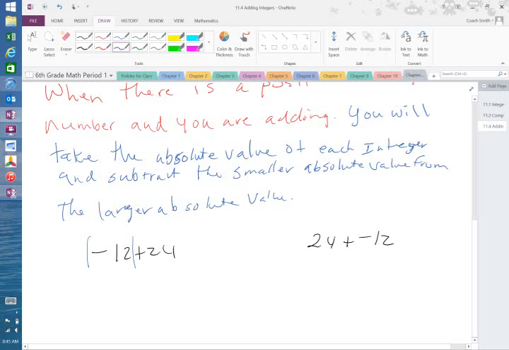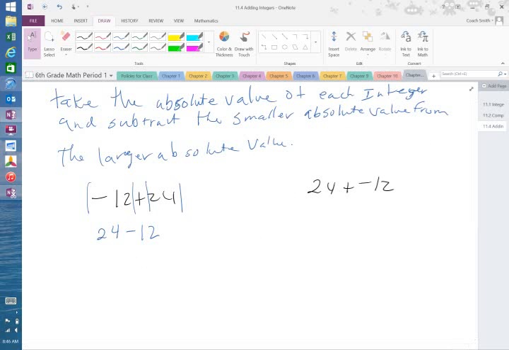What is the absolute value of negative 12? 12. What is the absolute value of 24? 24. And I'm going to subtract the smaller 12 from the larger 24. What is 24 minus 12? 12. The larger absolute value was the 24, and it was positive or negative? Positive. So my answer is positive 12.